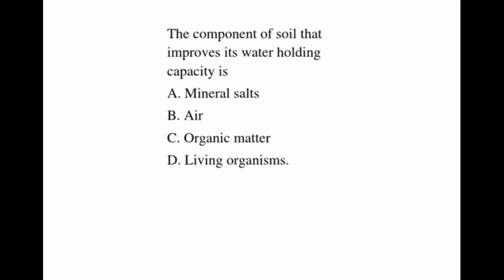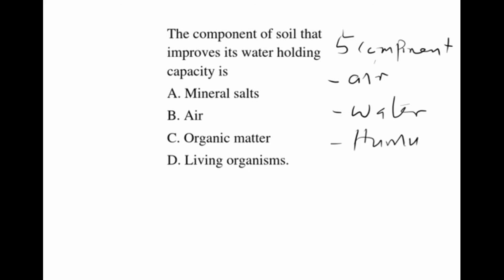The component of the soil that improves its water holding capacity is, when you look at soil, it has 5 components, which are: there is air in the soil, there is water, there is humus, there are living organisms, and there are mineral particles.